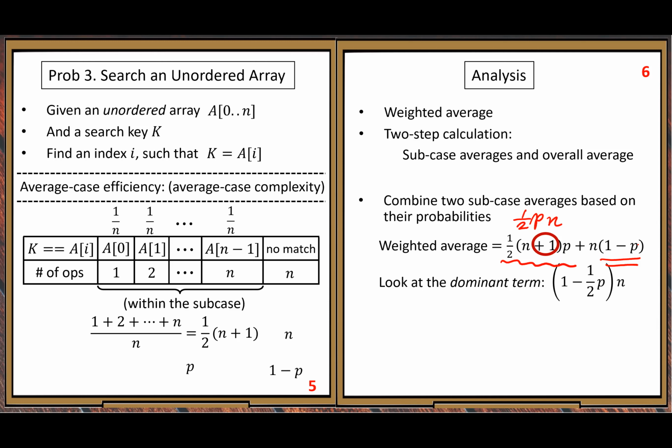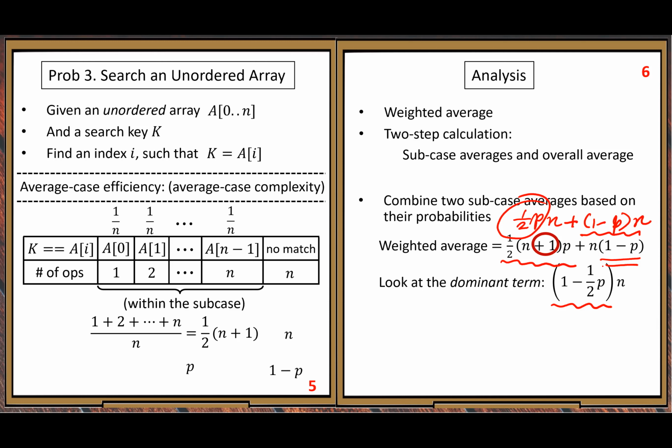So the second one, the coefficient is 1 minus p times n. Now you add 1/2 p plus 1 minus p, you get 1 minus 1/2 p. That's the coefficient of n. N is the variable. P is constant. Given constant. 1 minus 1/2 p, that's the coefficient of n.